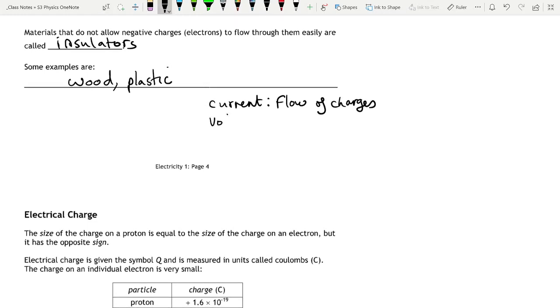And voltage is the energy given to these charges. So the higher the voltage of the battery, the more energy those charges have. And by charges here, we're usually just talking about electrons in circuits.